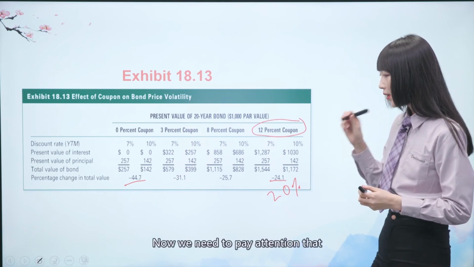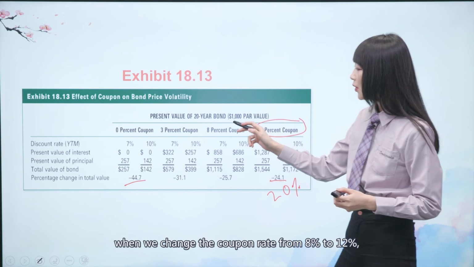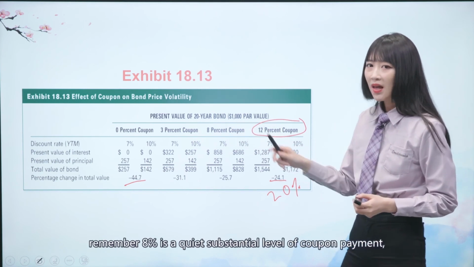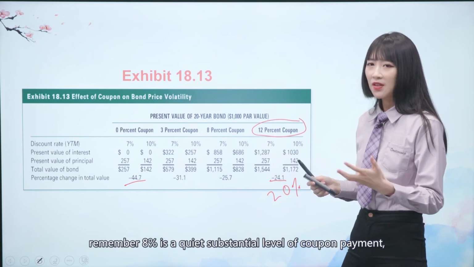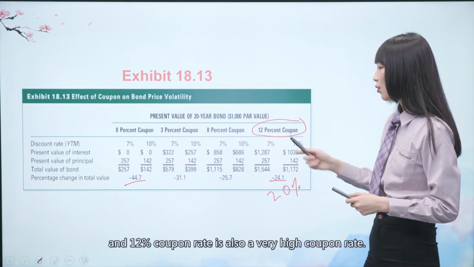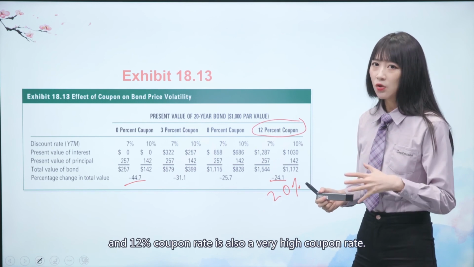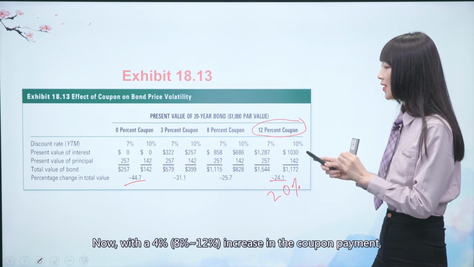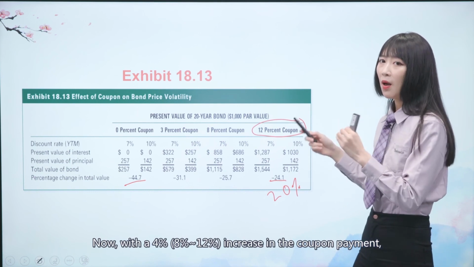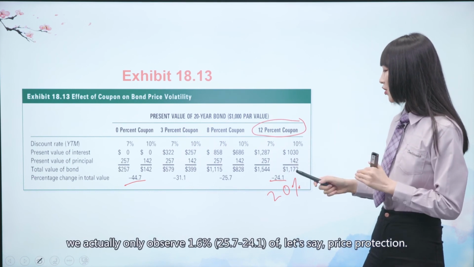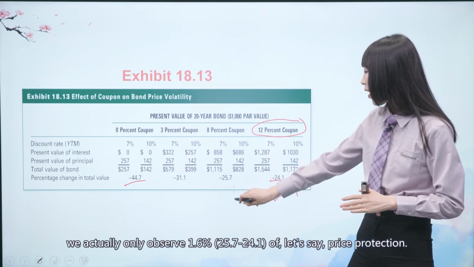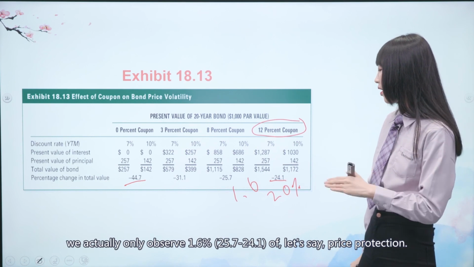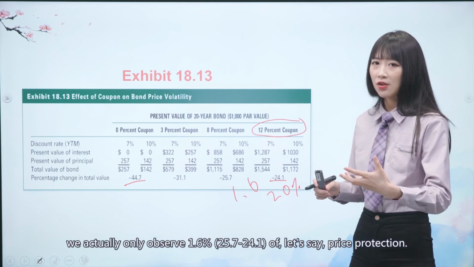Now, we need to pay attention that when we change the coupon rate from 8% to 12%, remember 8% is already a quite substantial level of coupon payment, and a 12% coupon rate is also a very high coupon rate. With a 4% increase in the coupon payment, we actually only observe 1.6% of, let's say, price protection.